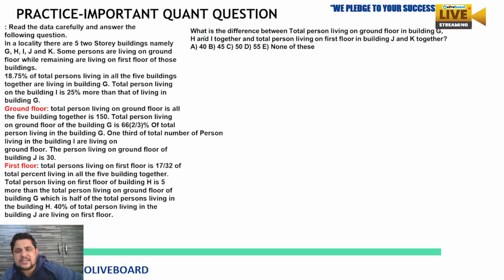What is the difference between the total persons living on the ground floor in buildings G, H, I together, and the total persons living on the first floor of J and K? So the difference they are talking about. G, H, I, which floor are they talking about? These buildings, so ground floor.